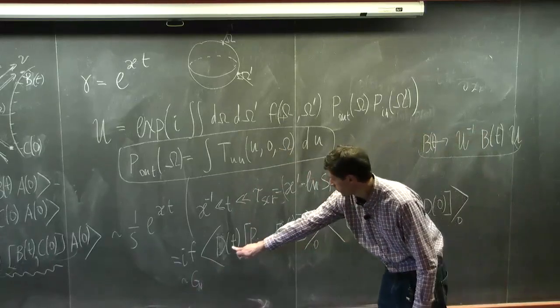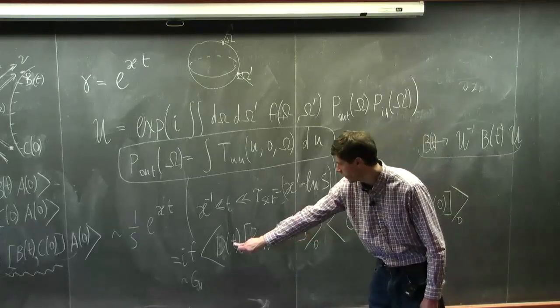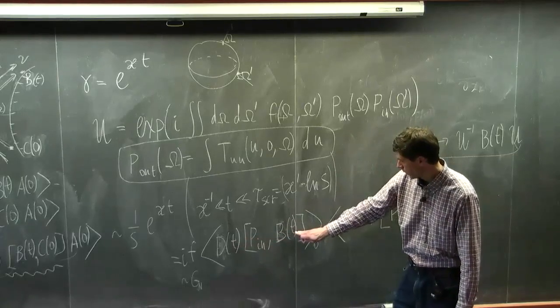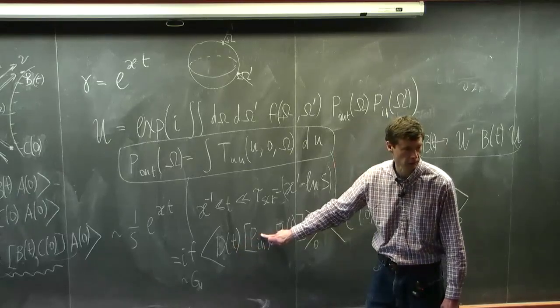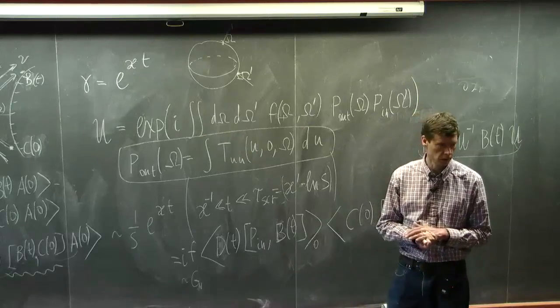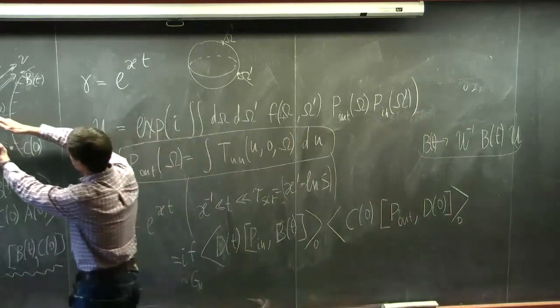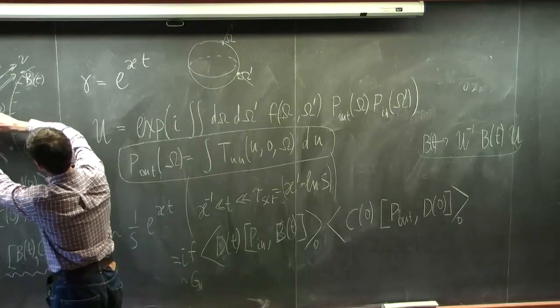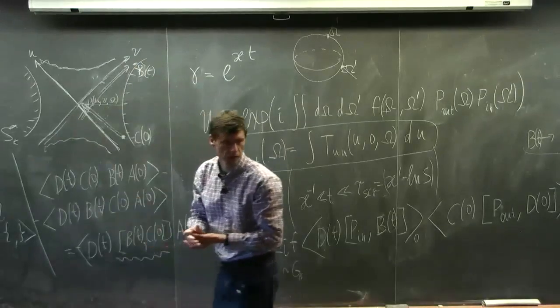When we calculate this commutator, instead of using B of t and D of t, we can use B of 0 and D of 0, but translate P in time. What does the time translation do to P in? Time translation means stretching in one direction, this direction, and squeezing in the other direction.